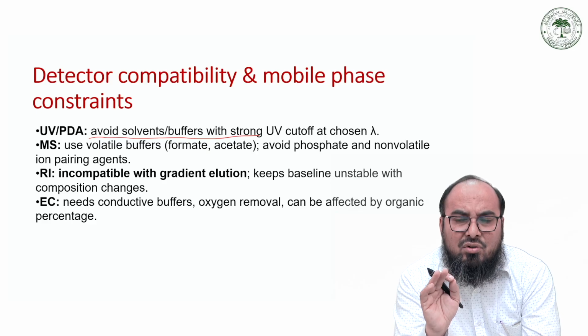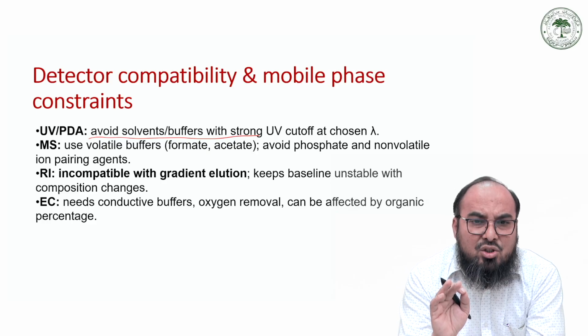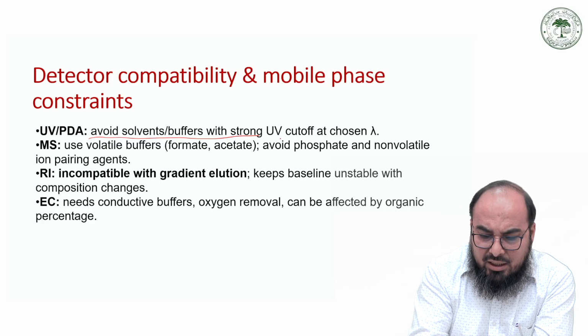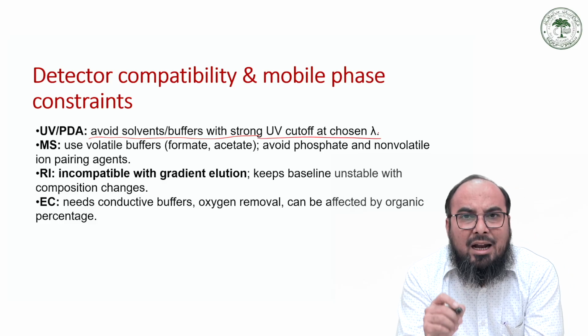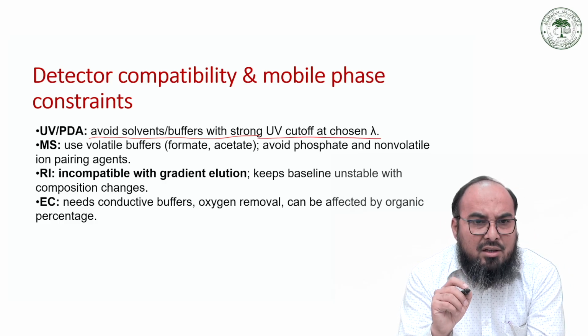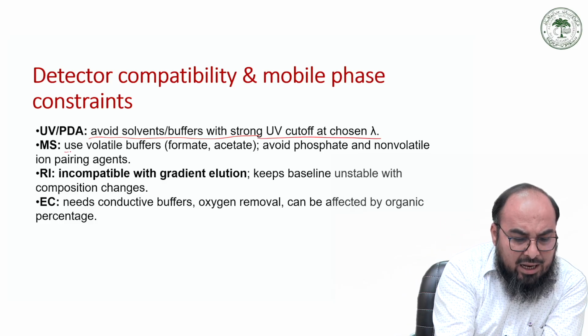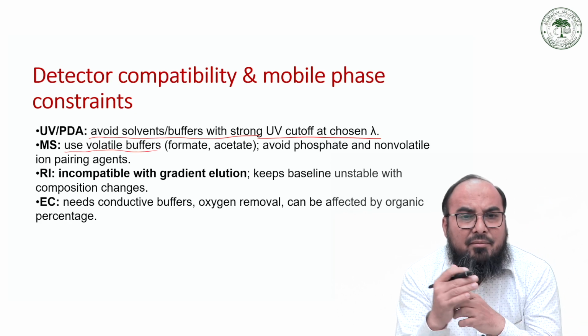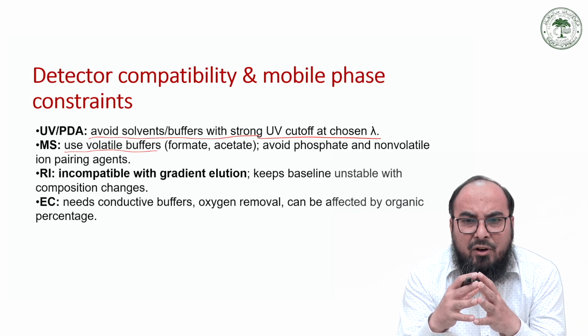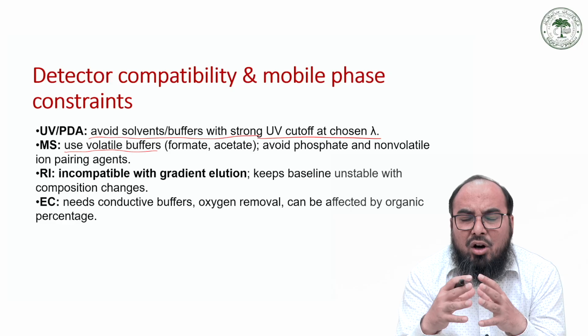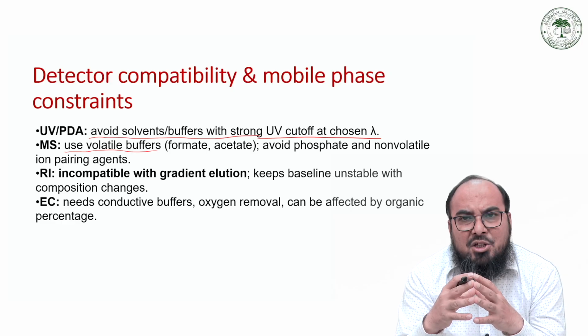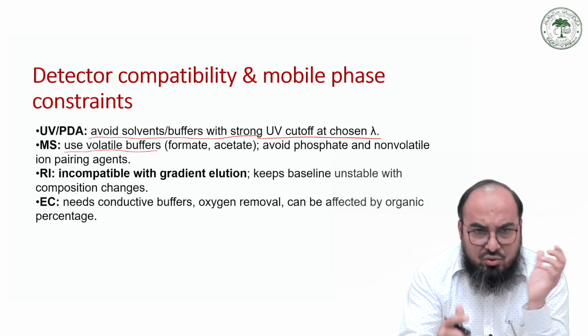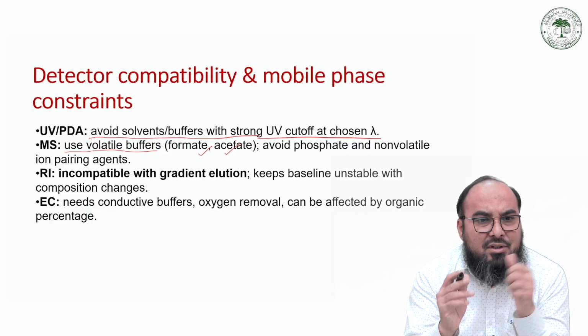You have to judiciously choose your solvent so that it does not come close to the lambda value of your analyte. Similarly, while using the MS detector, avoid those buffers which can clog or which have ion pair agents. So always use formate and acetate buffers.